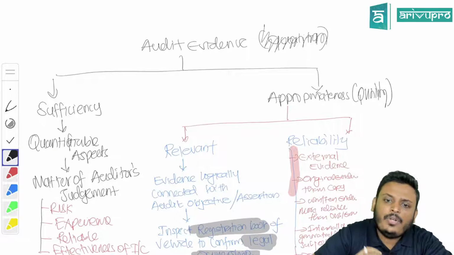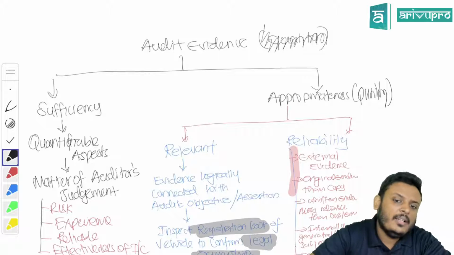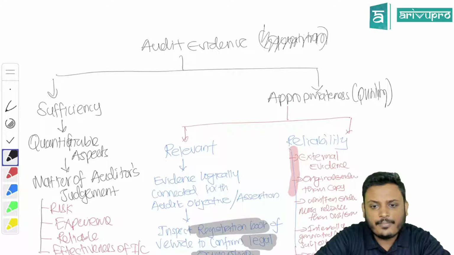So what I'm trying to tell you is, there are several factors that will influence your decision called sufficiency. Audit evidence needs to be sufficient and audit evidence needs to be appropriate. Another term for appropriate is quality.